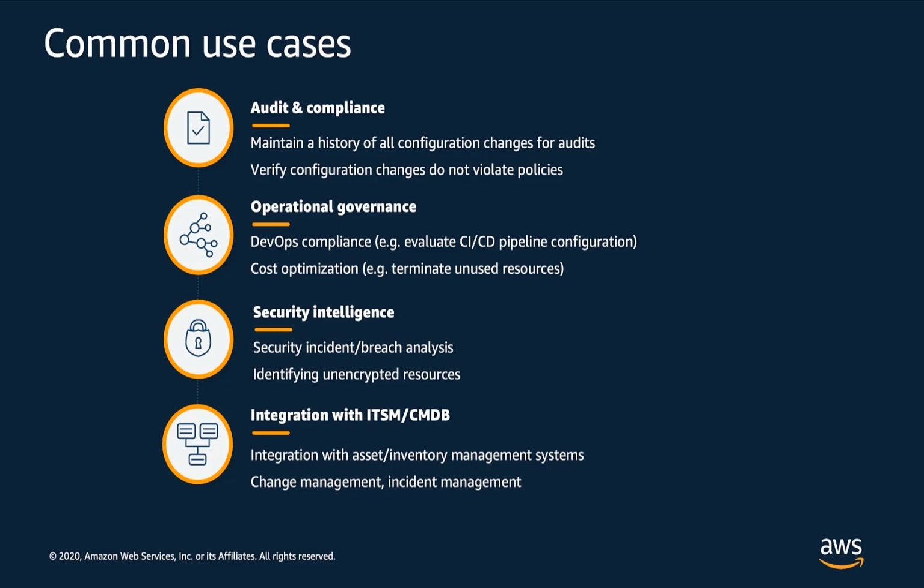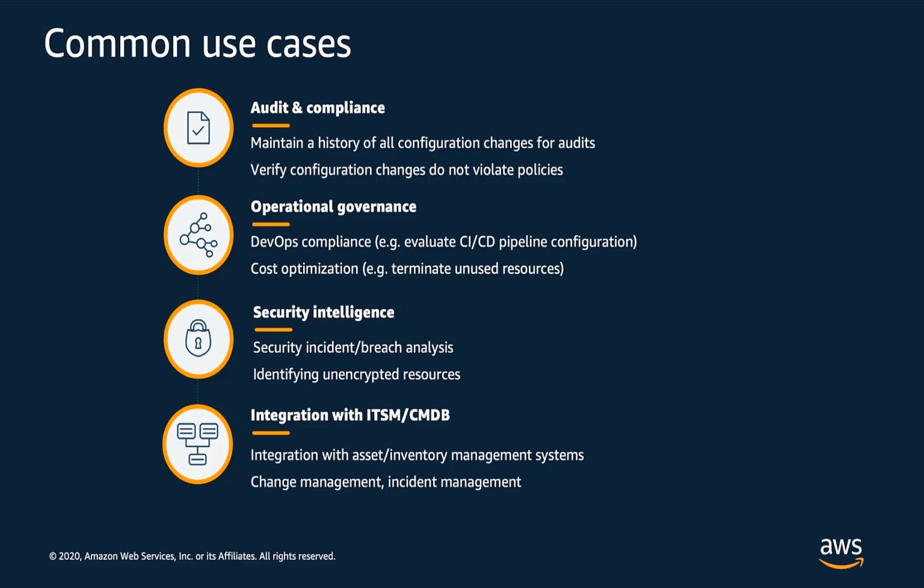It's used for operational governance. For example, you can evaluate your CI/CD pipeline configuration to ensure auto rollback is enabled on the pipeline, or for cost optimization purposes, by identifying resources that are unused and then giving you the option and control to take action on them.